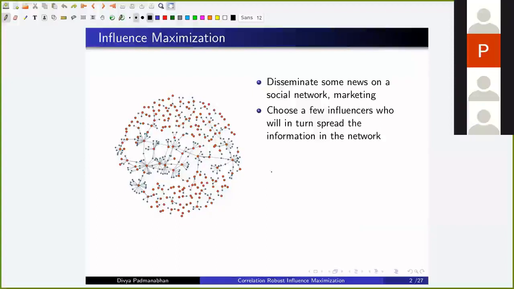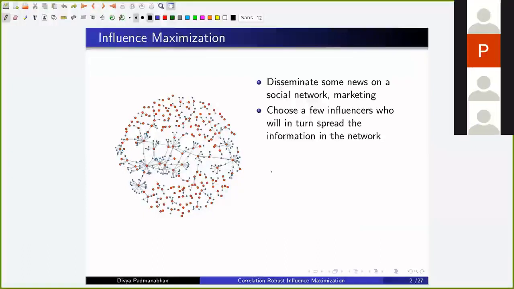I think influence maximization is a problem that this audience is probably very familiar with, because it's a well-studied problem in computer science. But just for completeness, if there are people who haven't seen it, I'll introduce the problem. What you want to do typically in an influence maximization setup is to disseminate some kind of news.